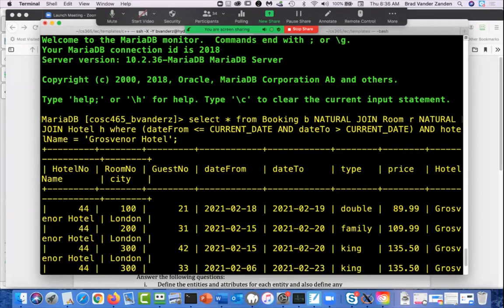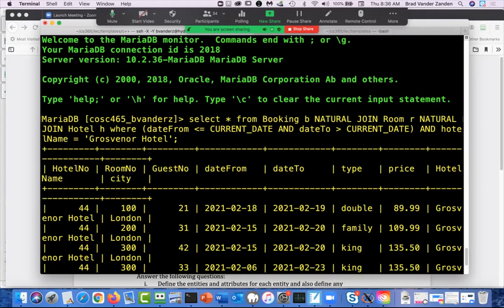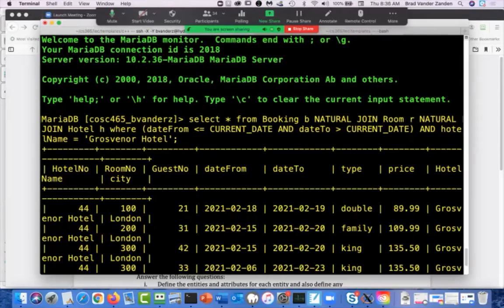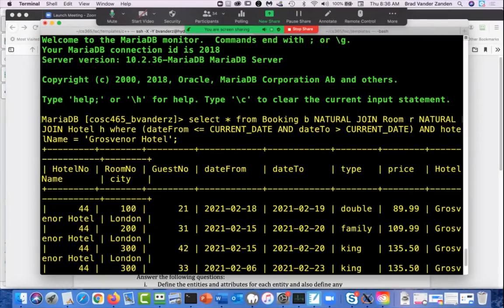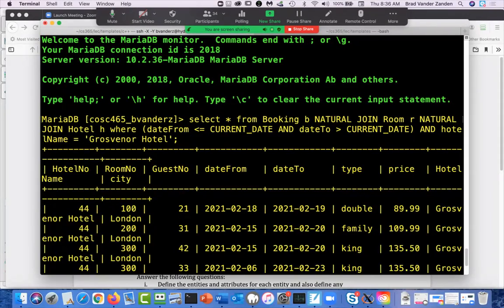Once you have the correct bookings, you then have to get the rooms they're associated with in order to get their price. You also have to join that with the hotel in order to ensure that that room is in the Grosvenor Hotel. You could do this with natural joins, which is actually the safest thing to do, and it gives you the right answer.